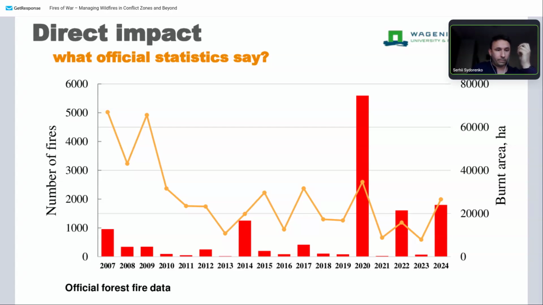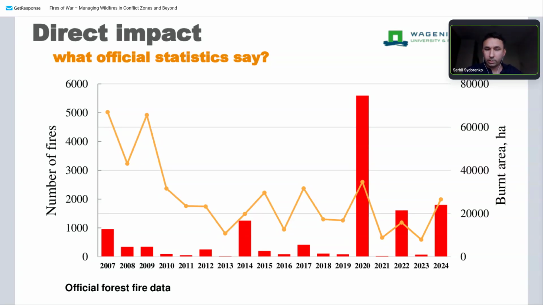The first reason why this occurs is that the Forest Agency of Ukraine provides official statistics only about forest fires. And this statistic comes only from liberated territory, or territory which is under the control of Ukraine. Of course, this official statistic is not complete at all.